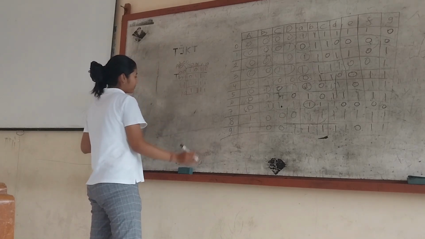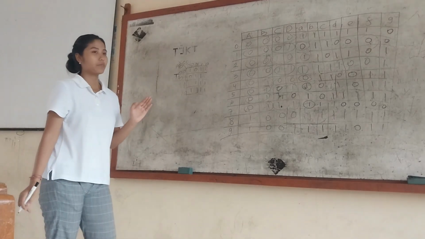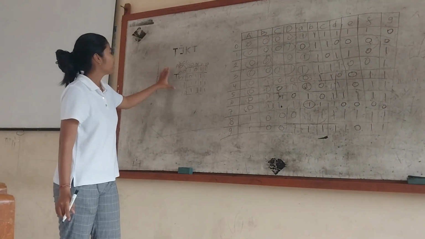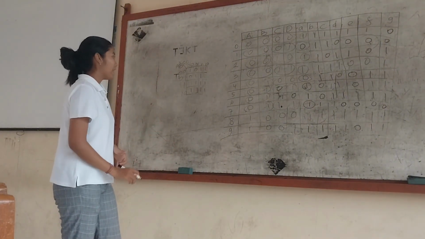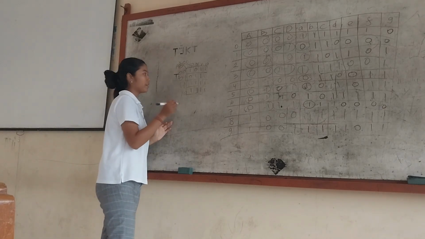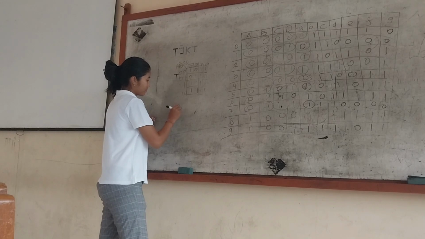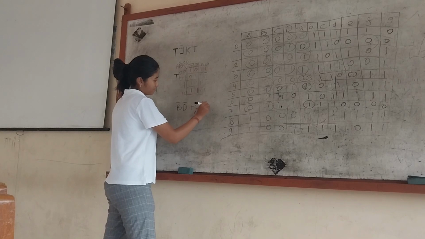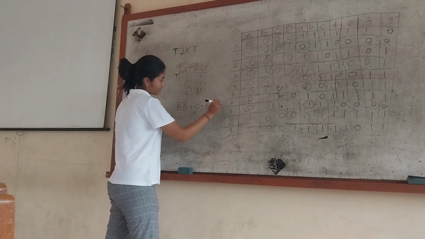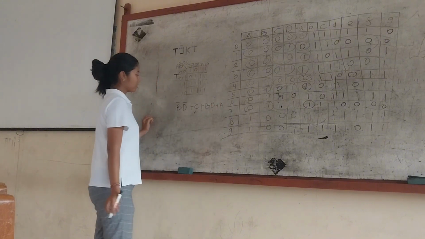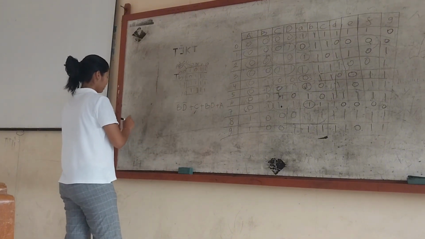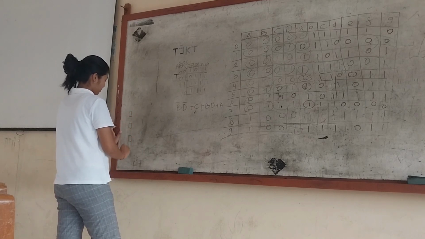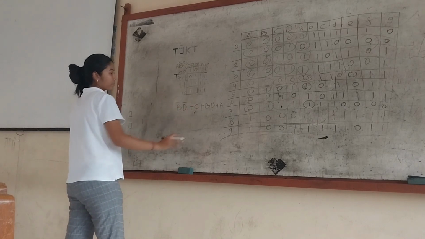So I will make the circuit according to Logisim. Here we have 4 things, and this is the simplification of this Karnaugh map. We have 4 variables.